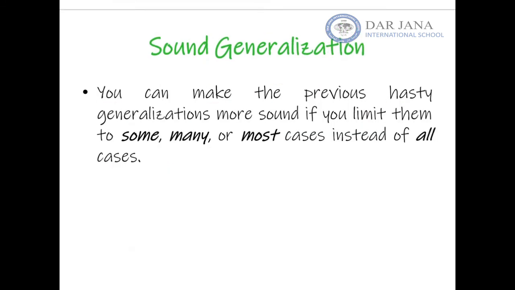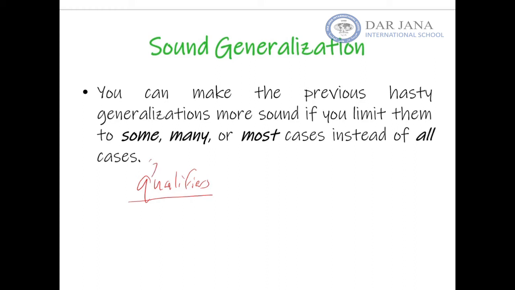To fix the hasty generalization, we have to have a sound generalization. One thing to fix in the hasty generalization is that you have to fix the qualifiers. Qualifiers are words that signify the degree of generalization that you have.